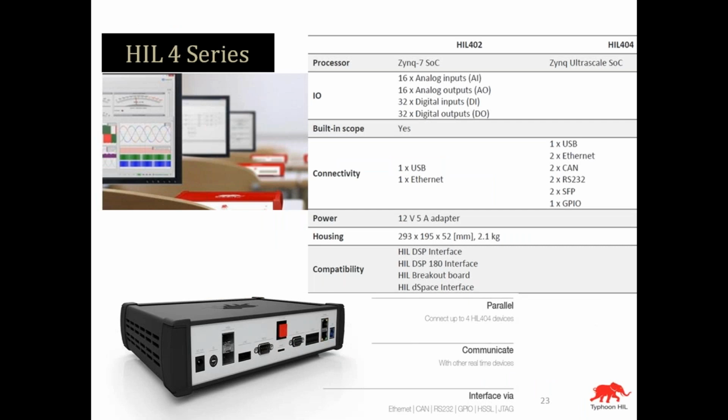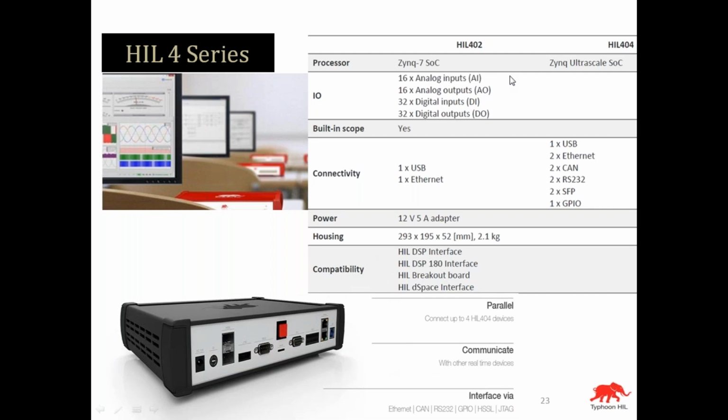This is a major difference you can see between 402 and 404. In 404 you can connect up to 4 HIL 404 devices in parallel. You can communicate with other real-time devices. You can interface via Ethernet, CAN, RS-232, then GPIO, then HSSL, then JTAG.